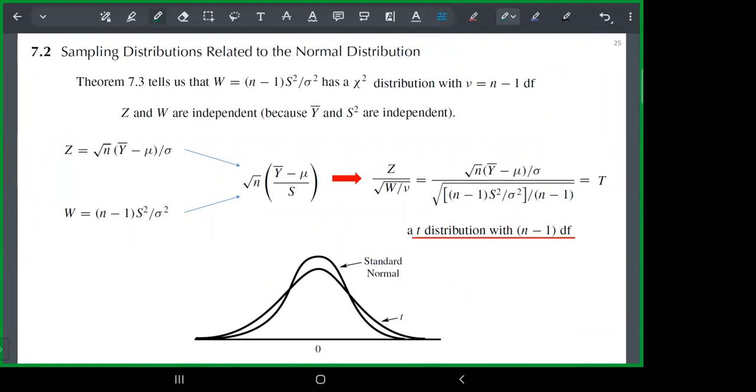But at least this is one that builds on top of each other. You start from the normal, get to the Z square, you get to the chi-square. Now you combine the normal and the chi-square, take the ratio, and after the square root, you have another T distribution. On and on and on.